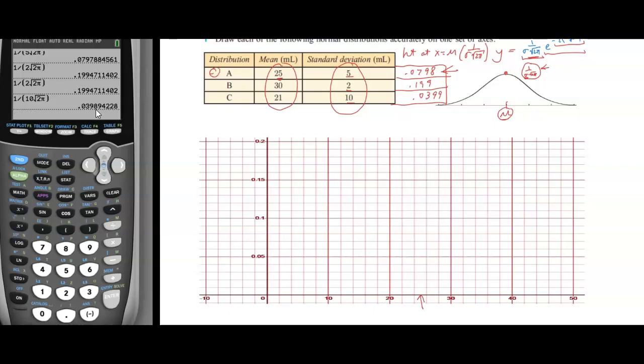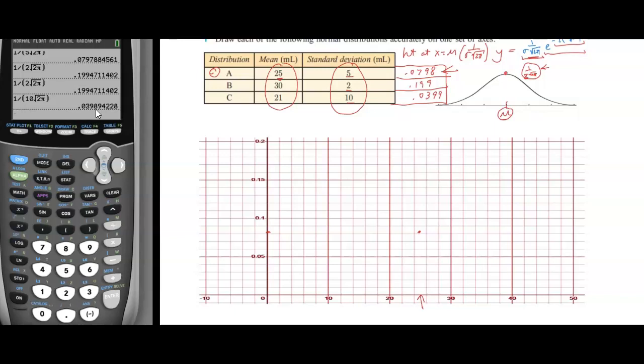So let's do A in red. And the standard deviation is 5, and the height is 0.0798. So 0.0798 is about 0.08, and 0.08 is about here. So it would be about there. This is the peak.